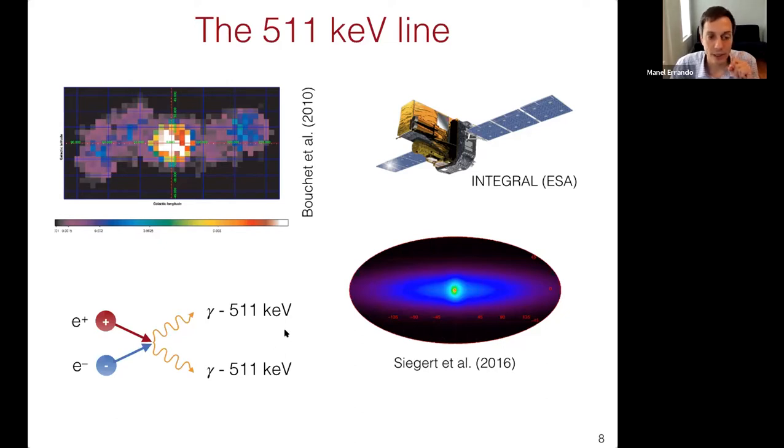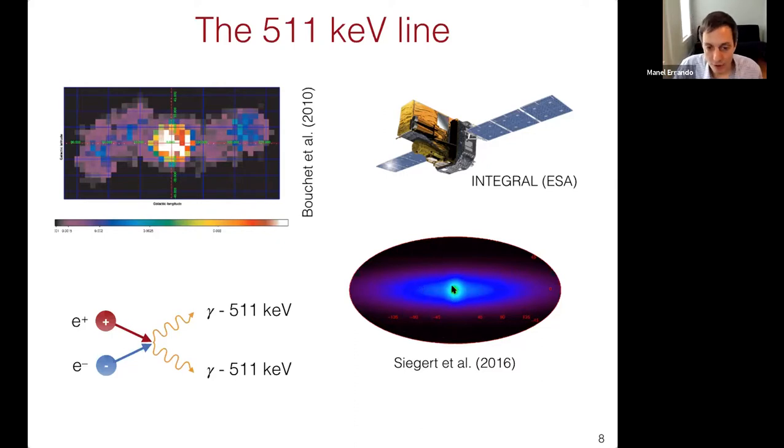Now, when we look at the sky and we look just for photons from this very particular energy, and when we look towards the center of our own galaxy, we see this cloud of emission. And here you see an even better picture of it.